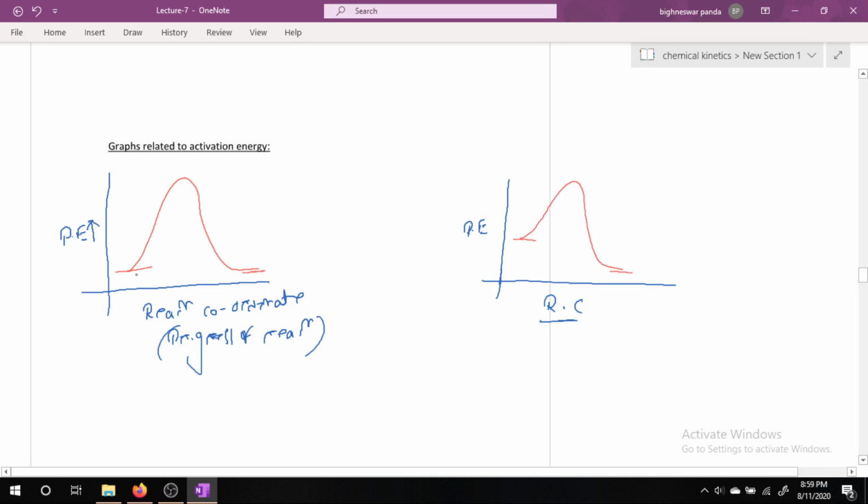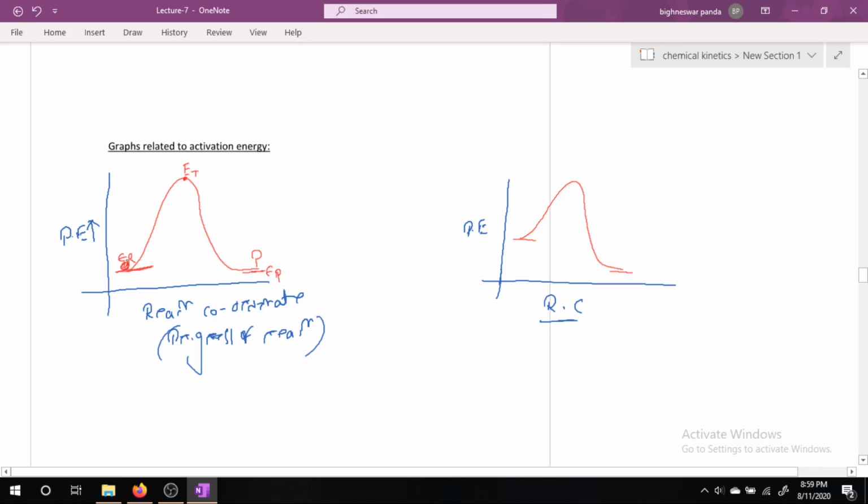So let's consider here reactant molecules are present and they have energy ER. If I put a ball here, this molecule will undergo reaction to form product. Here it is the energy of product, EP.